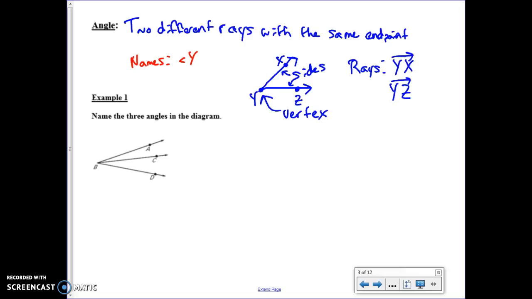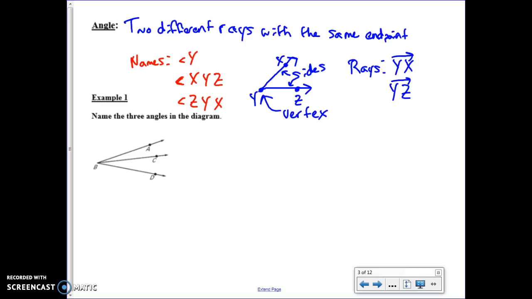I'm going to start at point X, then go to the vertex Y, and then point Z. So angle, notice that little less than symbol is our angle symbol, X, Y, Z. Again, order doesn't matter here, so I could also say Z, Y, X.